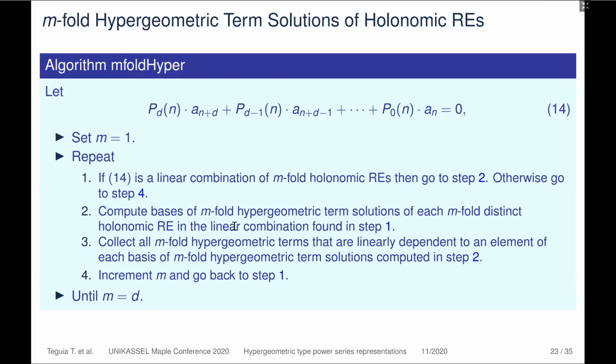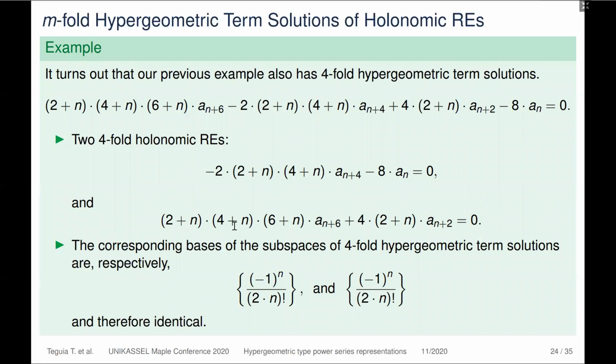Let's take our previous example of the two-fold holonomic recurrence equation. It turns out that we also have four-fold hypergeometric term solutions. In fact, this recurrence equation can be written as a linear combination of these two recurrence equations that have the same subspace of four-fold hypergeometric term solutions, and therefore the corresponding hypergeometric terms are the solutions needed for the four-fold case.